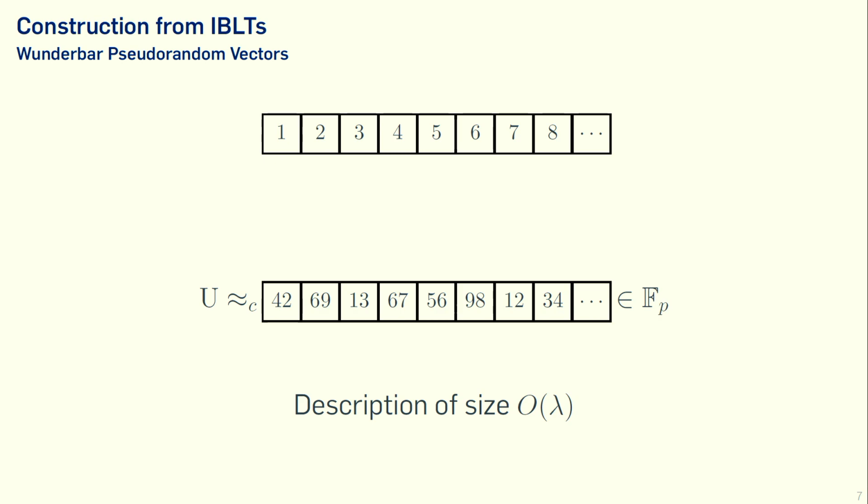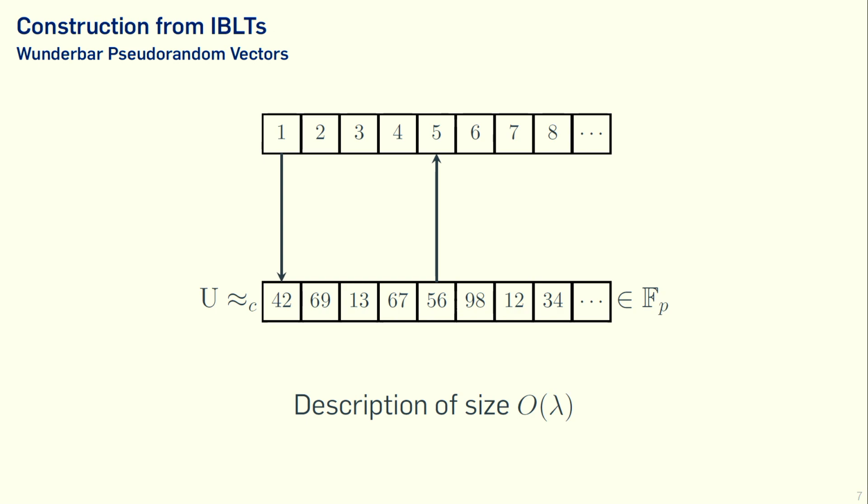However, we want it to be wunderbar, and that means it should have a short description, meaning it should only be described by lambda many bits. And we also want to be able to efficiently go from the index to the pseudorandom value, and then from those pseudorandom values, which are actually unique, so they don't repeat in this sequence, we want to be able to go back to the index efficiently as well.